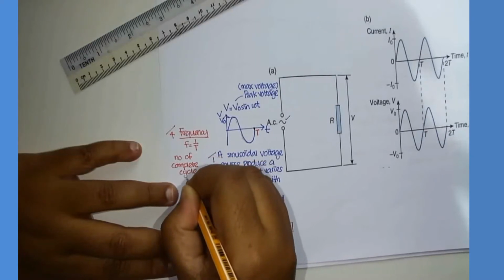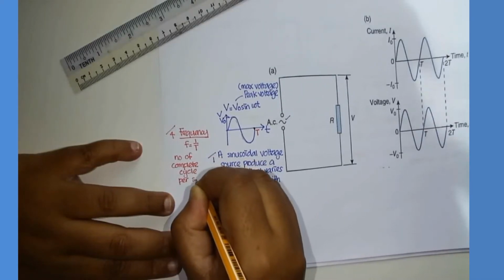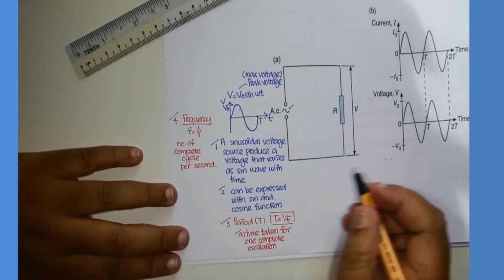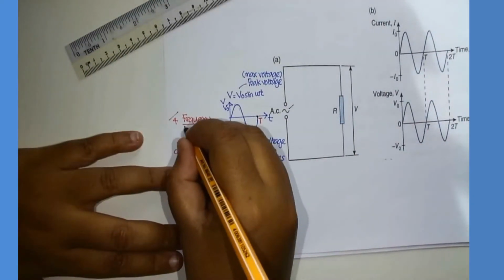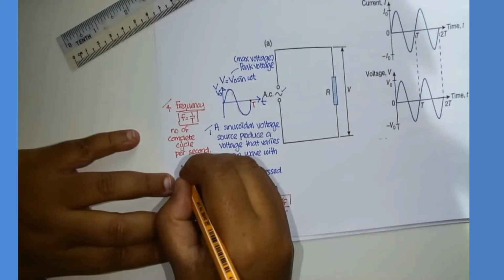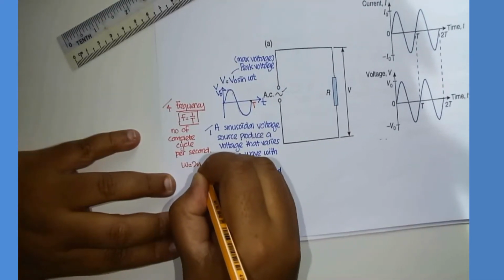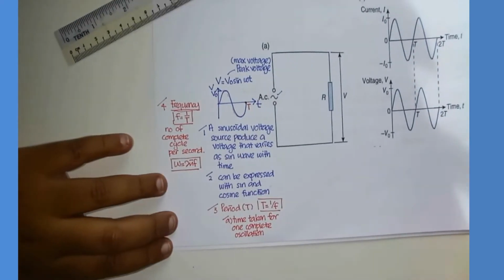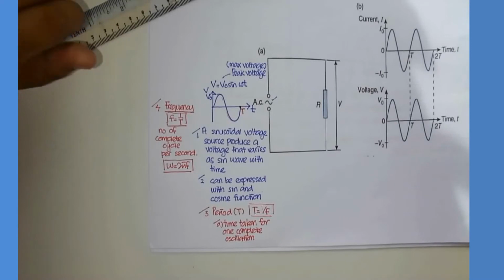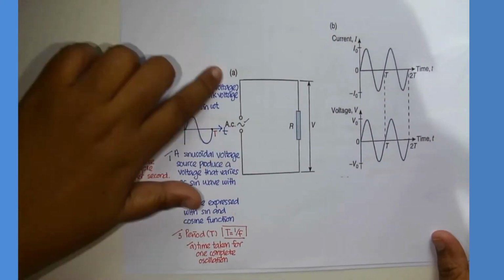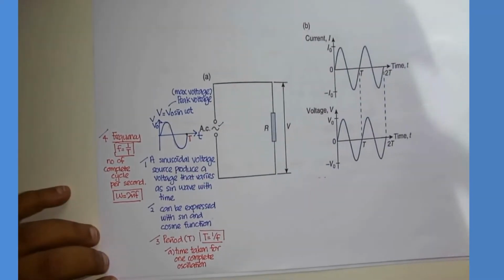And we also know another formula, which you have studied in circular motion: omega equals 2 pi f. So these are the things we want to look at for the voltage of an alternating current.